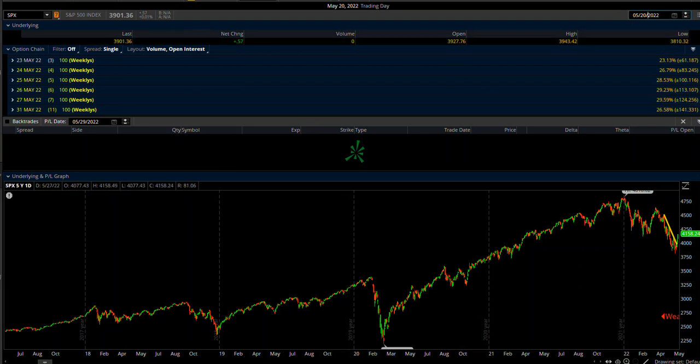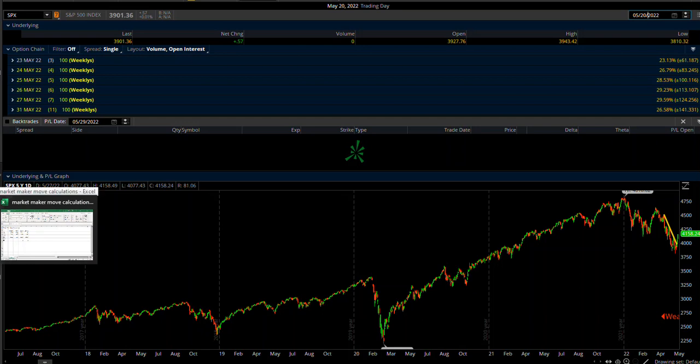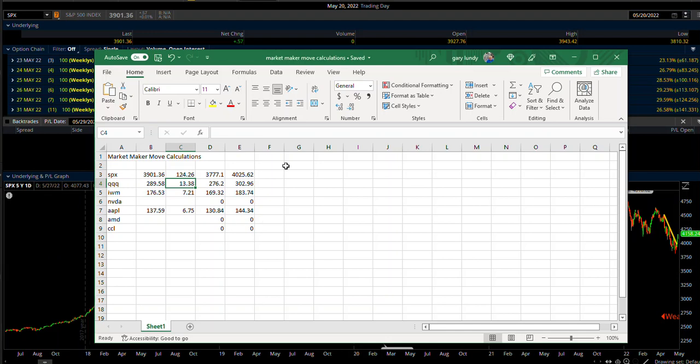You take those two numbers, and you can either manually do it with a calculator, or Google Cloud has a free version of a spreadsheet, or you can just make your own little spreadsheet. Put the closing price, put the expected move, then add and subtract. Take the expected move, add and subtract it off of the closing price, and that will give you your bearish expected move and your bullish expected move.